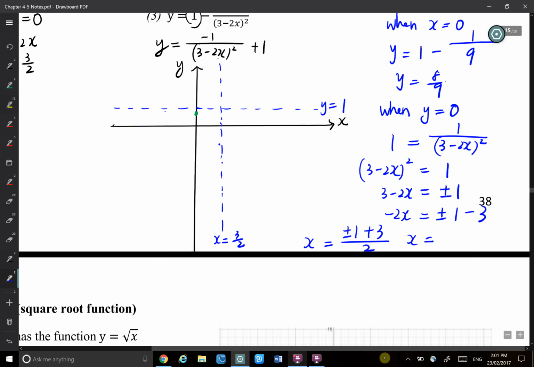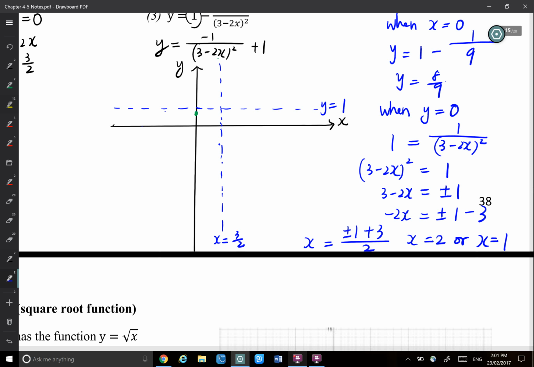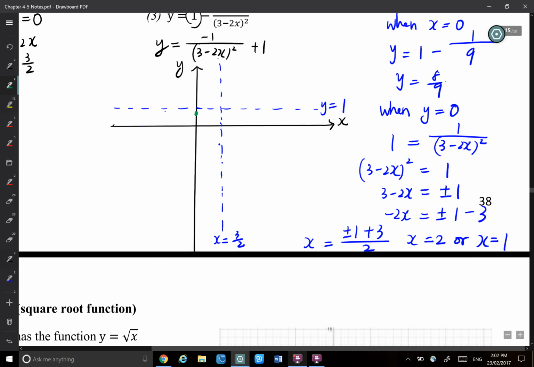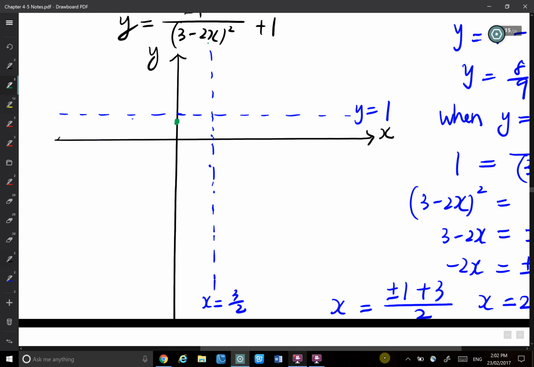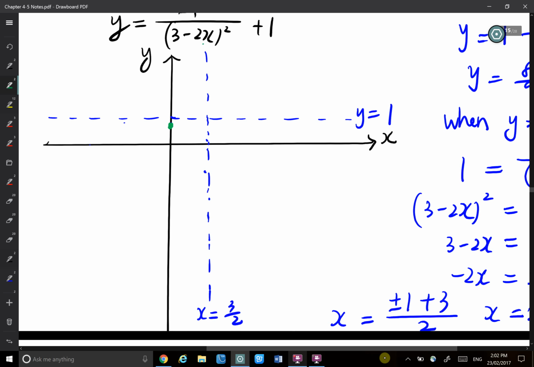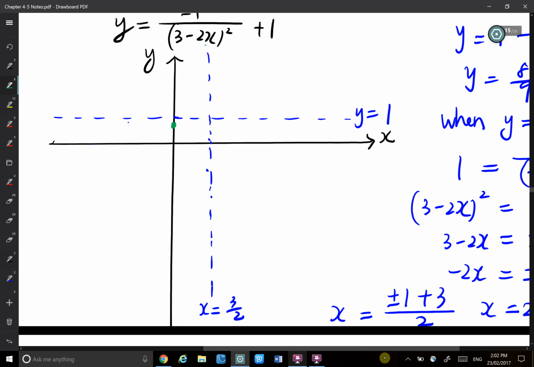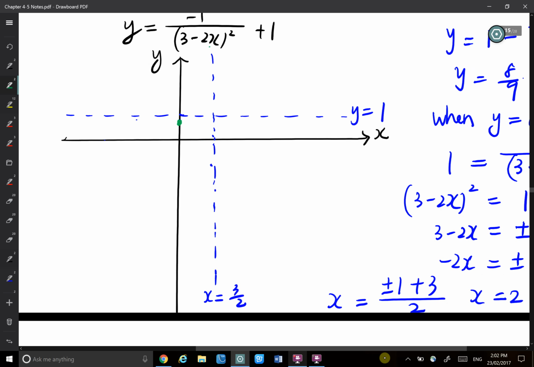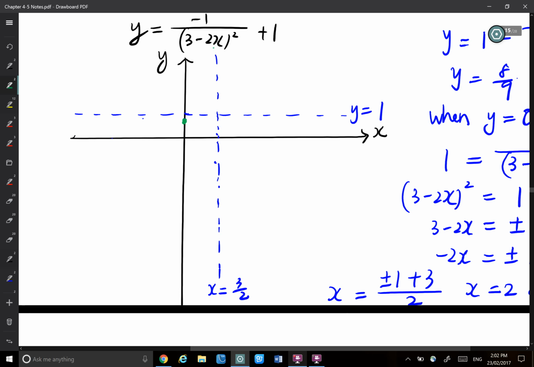So x equals 2 or x equals 1, which is here and here.